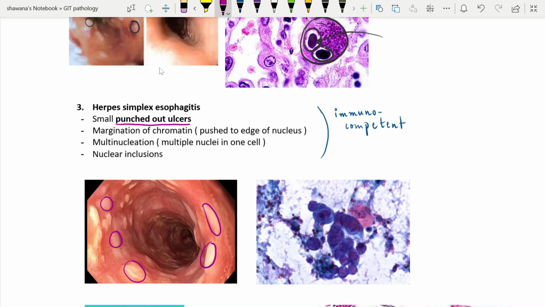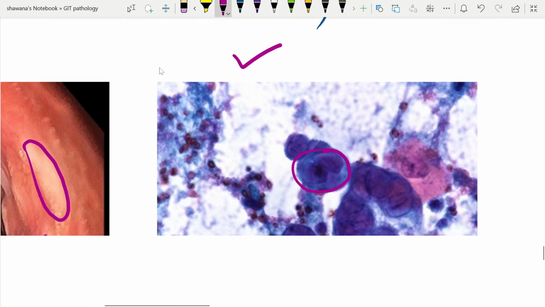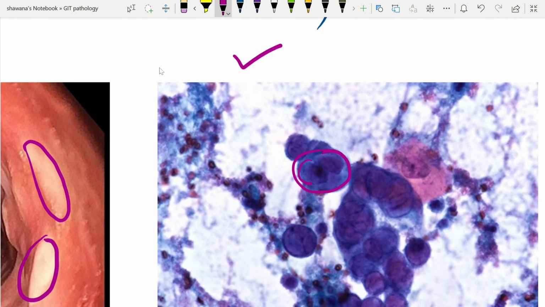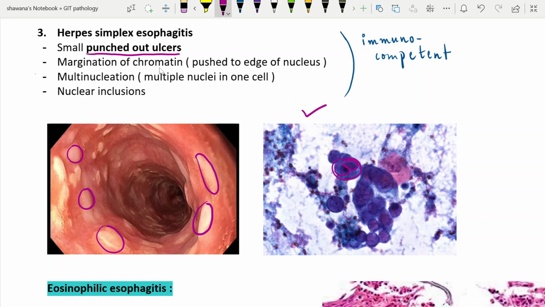It's very specific for herpes, and there are conditions you need to remember in microscopic examination. The cells are multinucleated. I will zoom in for you: not one but two or multiple nuclei are present inside the cell. Then there are nuclear inclusions inside the nucleus.